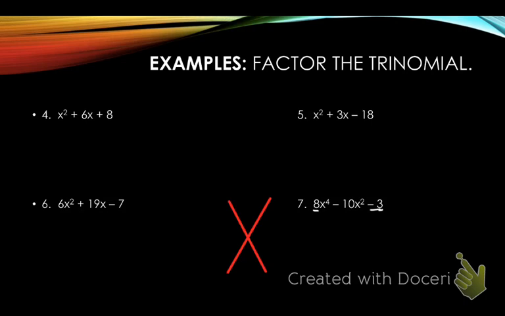Now, that negative is also included, so it's going to be a negative 24. My middle term has to be a negative 10. So then, two numbers that can multiply to give me a negative 24 and combine to give me a negative 10.